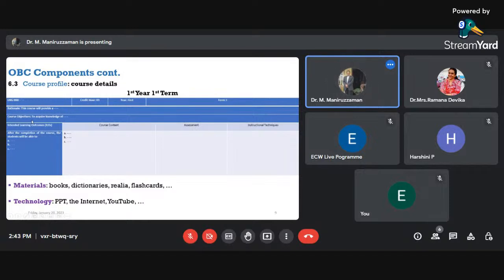And we have to write instructional techniques, strategies, how we will teach the contents so that the students will be able to achieve the learning outcomes. After that, we have to specify the materials we are going to use for teaching the content, and we have to write equipment and technology, what technological tools or equipment we are going to use for teaching and learning.